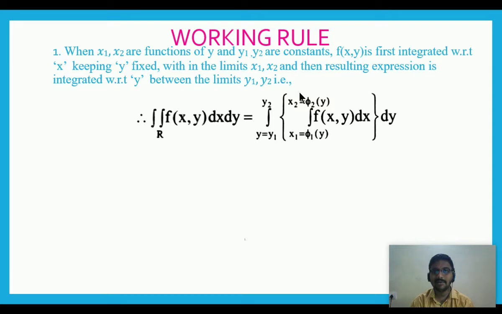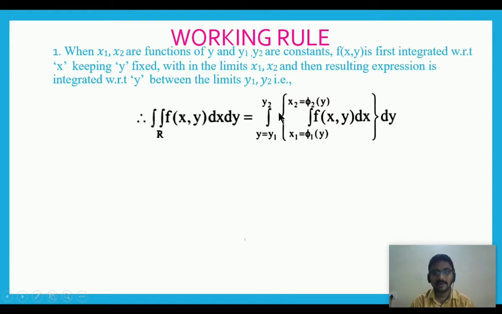That is, we integrate first with respect to x because the x limits are in terms of y, that is, variable limits. So while integrating with respect to x, we have to keep y fixed. First, we resolve the inner integral, integrating with respect to x and keeping y as constant, and then we integrate with respect to y.